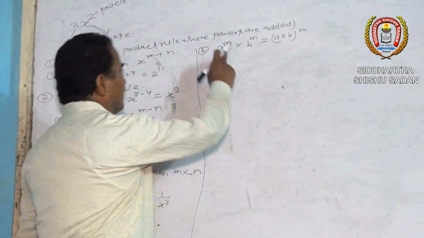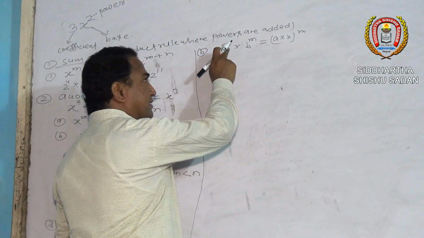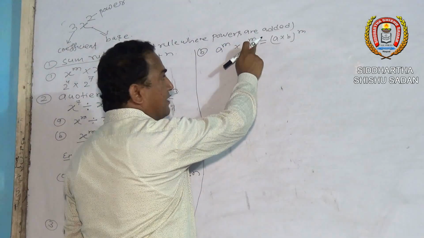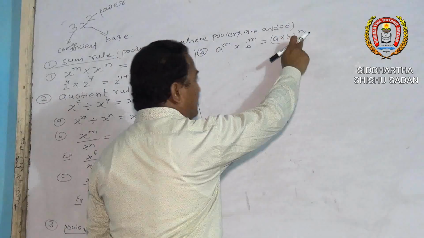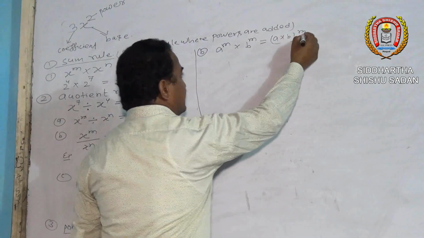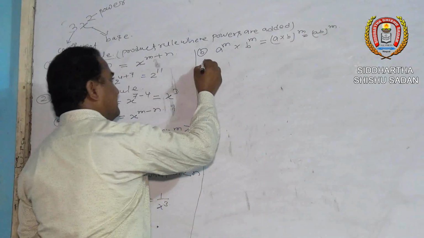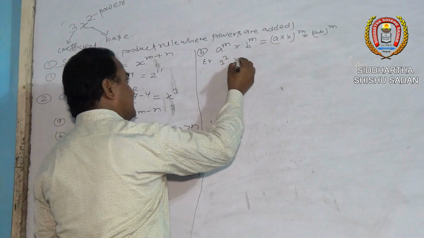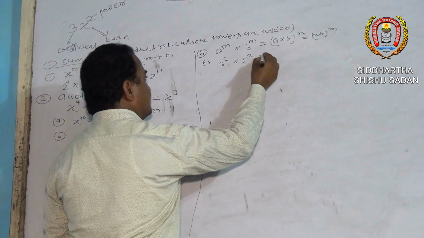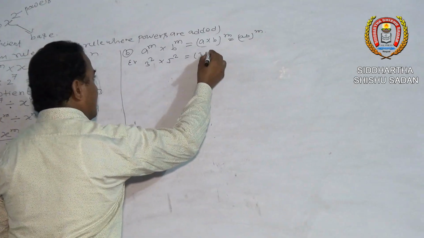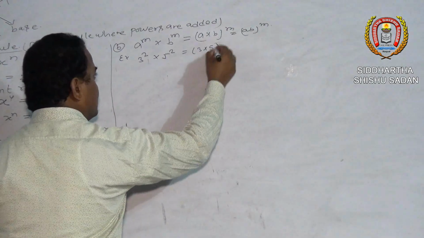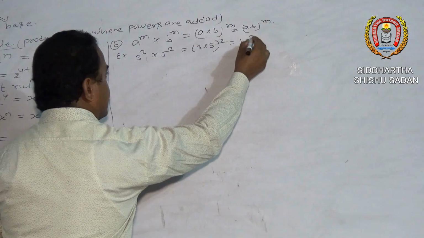It means a has the same power m and b also has the same power m. In that condition, take the power common and a into b, that means ab whole to the power m. Look here, 3 to the power 2 into 5 to the power 2 is equal to 3 into 5 whole to the power 2, it means 15 to the power 2.